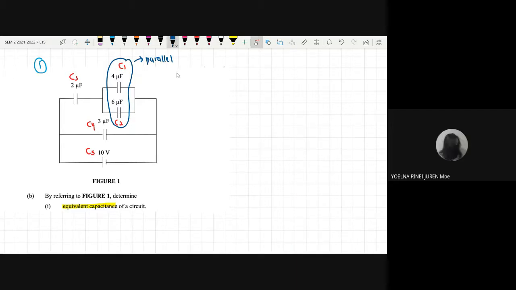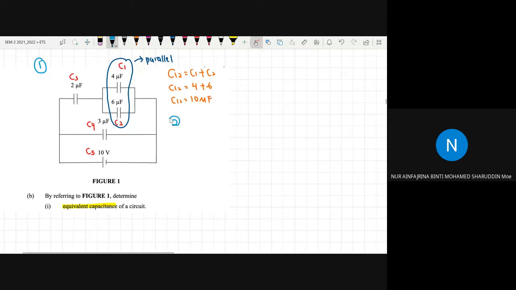C1 plus C2. Very good. Maksudnya kita akan pakai C12 equals to C1 plus C2. So it's going to be C1 is 4, C2 is 6. So C12 equals to 10 microfarad. Okay, that's the first drawing.